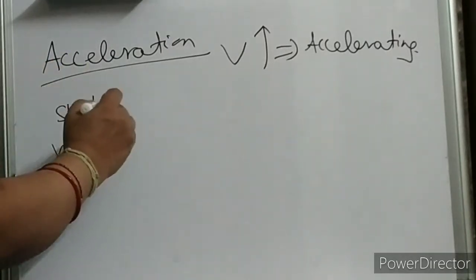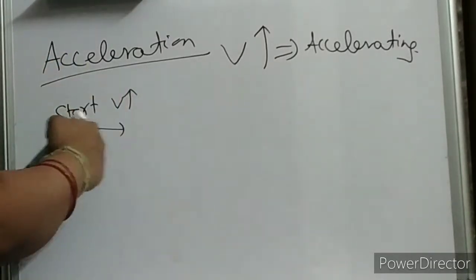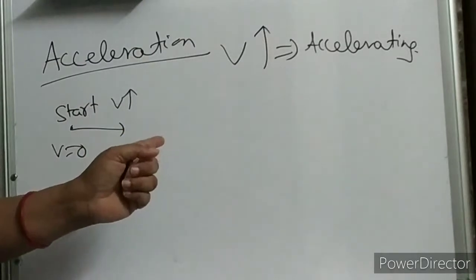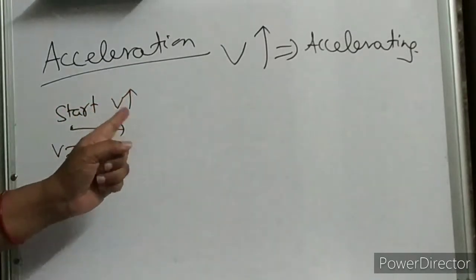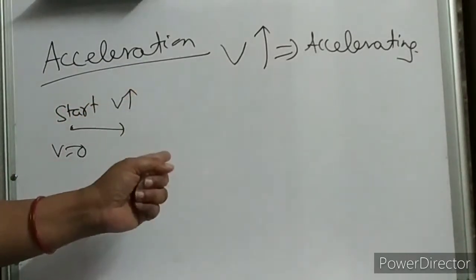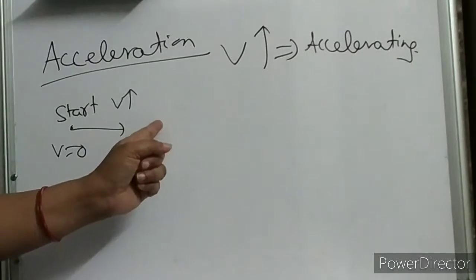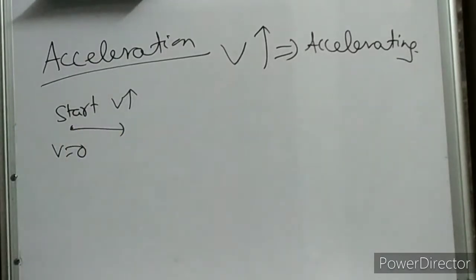Now velocity increases. When the car starts moving, velocity increases at a steady rate. It is not a variable velocity, it increases at a steady rate. How?